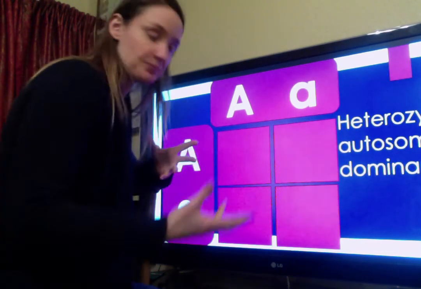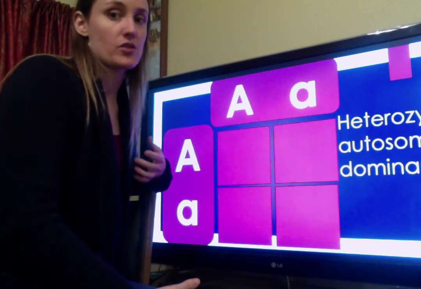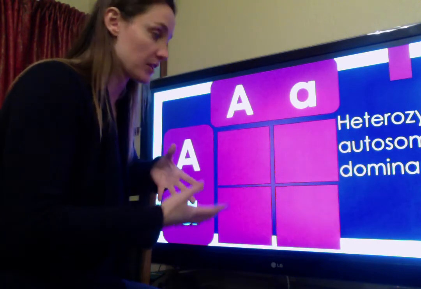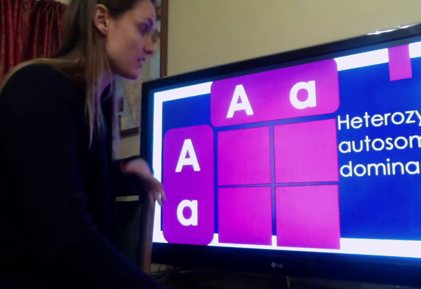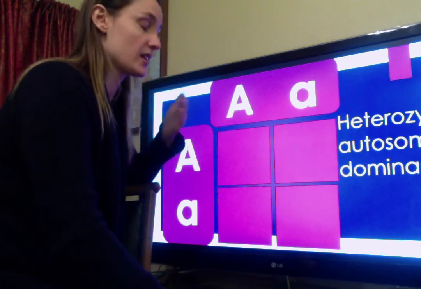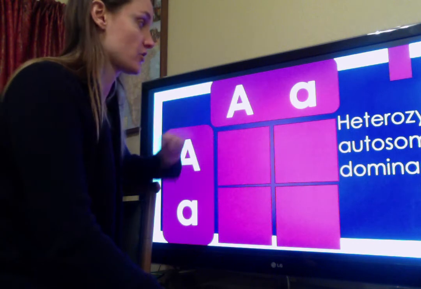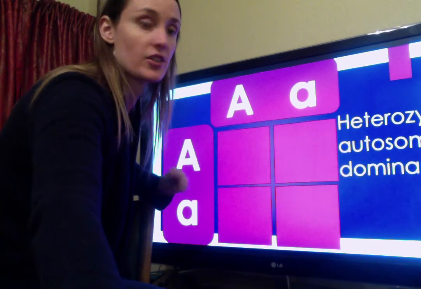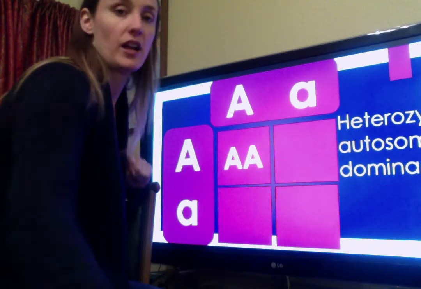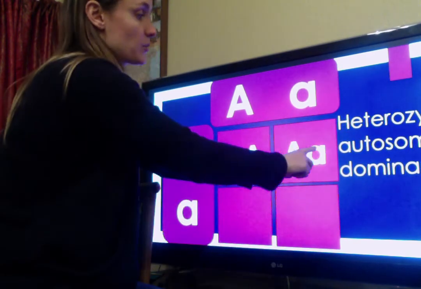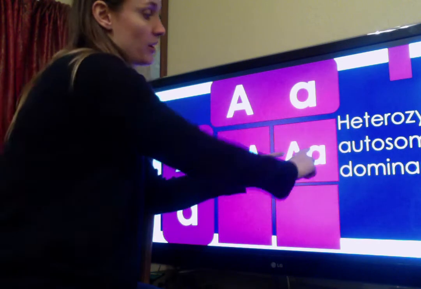So moving on, if we were doing autosomal dominant traits still, and now we had 2 heterozygous parents, like I said, the study guide is assuming that only one parent has the trait. You're going to have some changes and it's going to increase. So these big A's will come over here and this child will have the trait. These big A will come over here, small a will come over there.